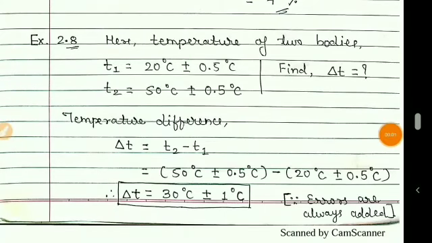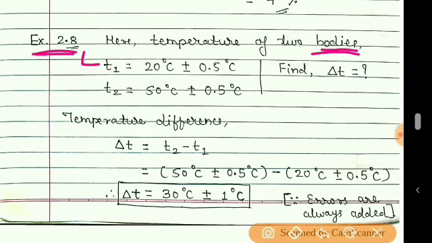Now your textbook example 2.8 is about addition of two physical quantities. Here we are going to measure the temperature of two bodies, and suppose the temperature of the first body came out to be 20 degrees Celsius plus or minus 0.5 degrees Celsius.